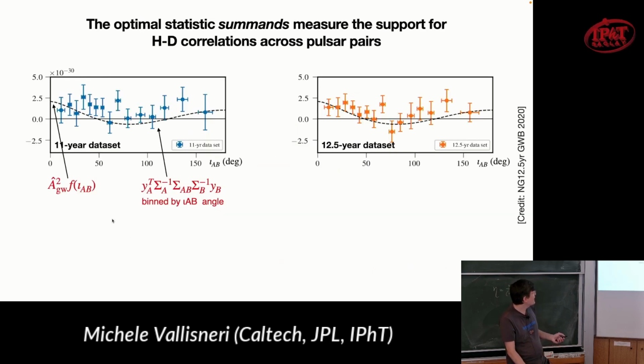If you break up the statistic into bins of angular separation, you should get a shape that recovers this Hellings-Downs correlation function. So that's 12.5. Does this shape fit that? If you squint a bit, there's an outlier there and there. It's a little bit too high.